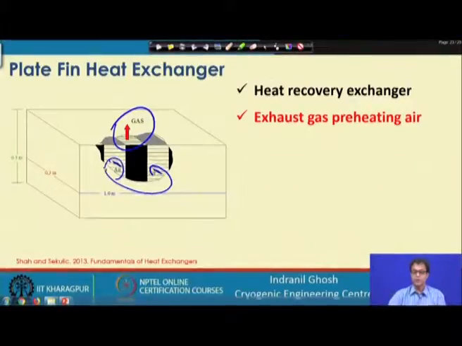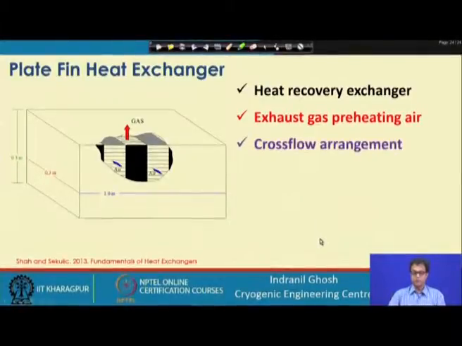So we have a two stream exchanger, and as you can understand from the configuration, this is nothing but a cross flow type heat exchanger. These fluid streams are in a cross flow arrangement.